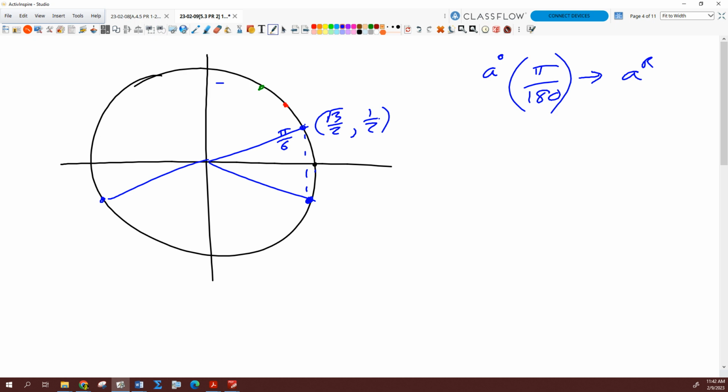Square root of 1 is 1, right? Here we would get square root of 2 over 2, square root of 2 over 2. Here I would get square root of 1 over 2, which is 1/2, square root of 3 over 2, right? And here I would get 0, square root of 4 over 2, so the y coordinate would be 1. Right? You get that?